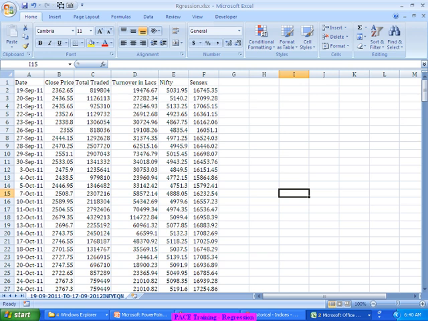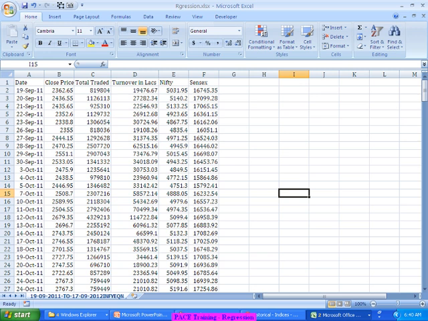Once I know them, I will try to build a relationship between the price and those ABC elements. That equation that gets built is the regression equation.